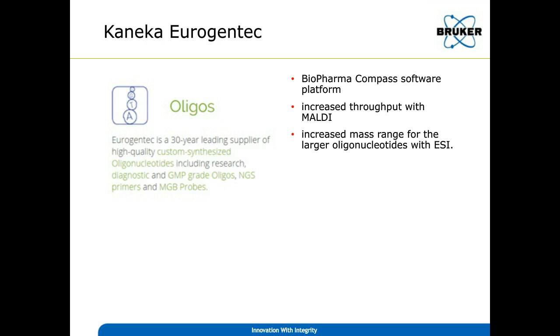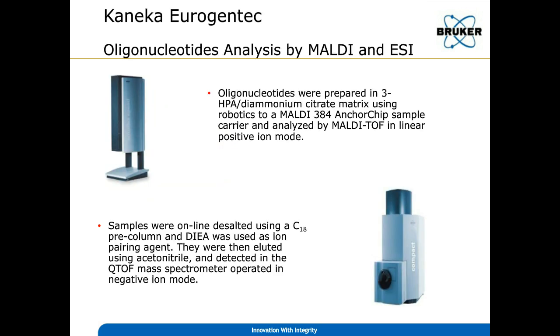For MALDI analysis, the AutoFlex Speed is used. Oligonucleotides are prepared in a 3-HPA diammonium citrate matrix using robotics to spot a 384 AnchorChip sample plate and then analyzed in the MALDI-TOF in linear positive ion mode.